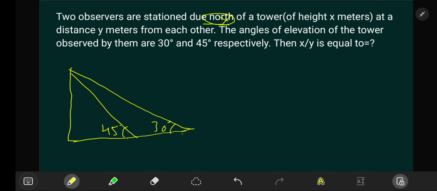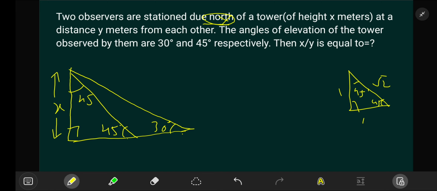Now the height of the pole is x meters. So this height is x meters. As we know from the trigonometric ratios, for the 45 degree triangle the ratio is 1 is to 1 is to root 2. Here is the 45, so this is also 45, as this is a right angle.